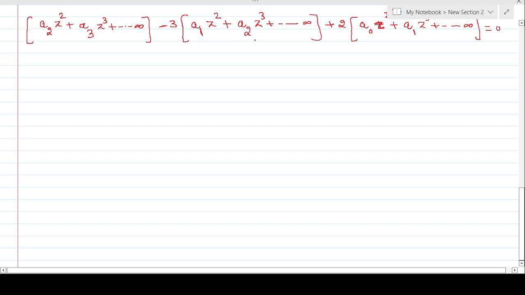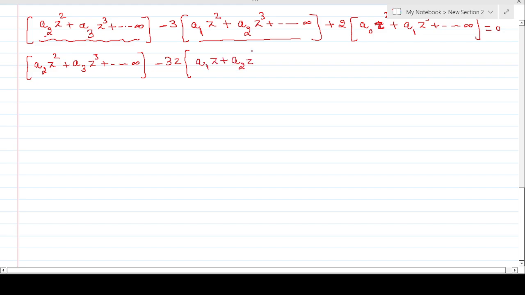Now you see what we can take common from each of these expressions. This equation is completely balanced, because with a2 we want z square and with a3 we want z cube. So there is no need to change anything here: it is a2 into z square, a3 into z cube and so on. But here if we take z common, it becomes a1 z, a2 z square and so on up to infinity.